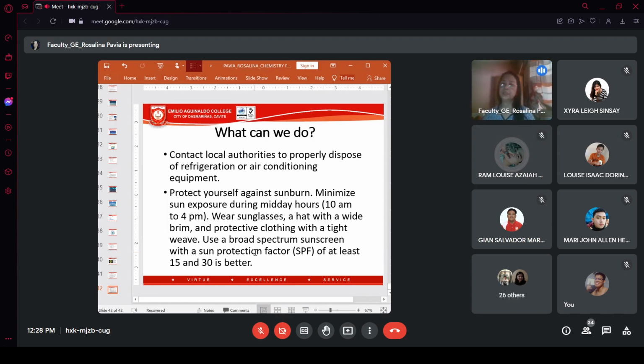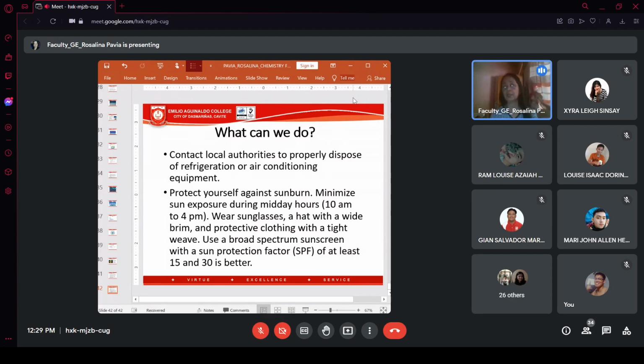No, the component, the compound present that is added sa mga sunscreen. Nakalimutan nyo na? Opo. Titanium dioxide, remember? O, pakibasa nyo ulit, pag nag-review kayo.